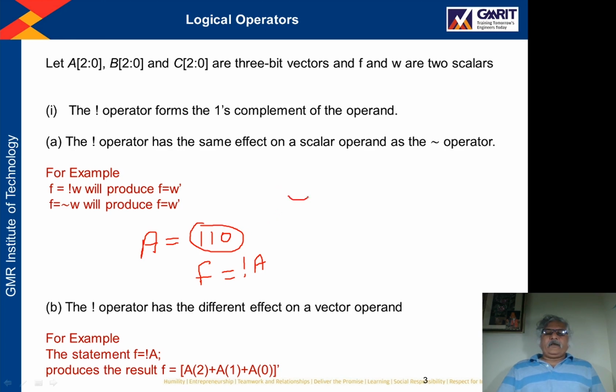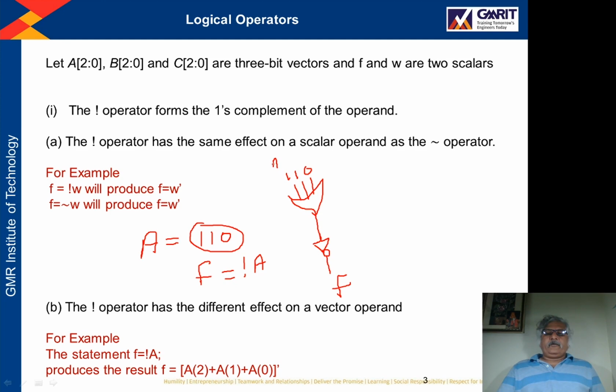This will be like a 3 input OR gate having the inputs 1 1 0. Whatever is the result, that will be inverted, and this will be assigned to F, right?